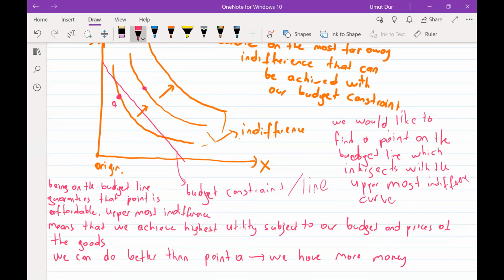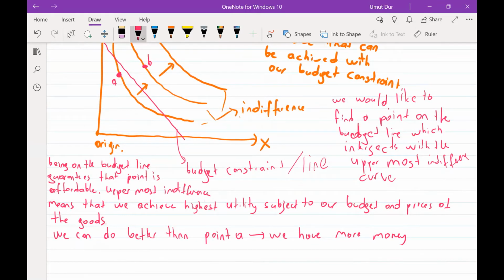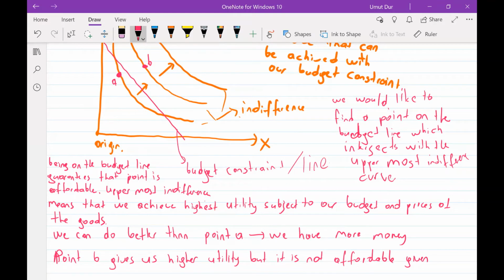Let's consider this point B. Point B gives us higher utility, but it is not affordable given our budget constraint.